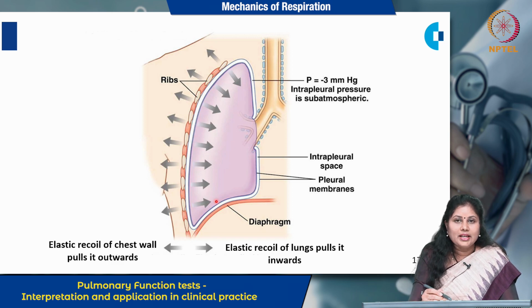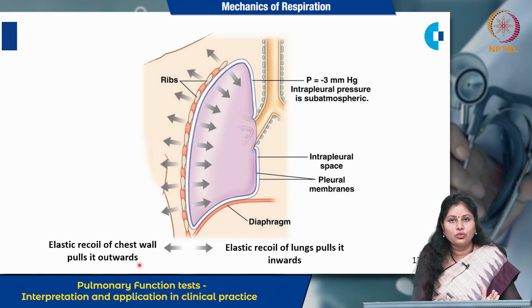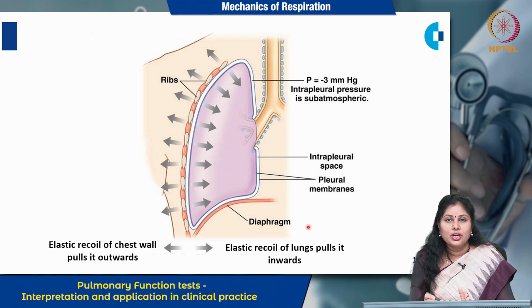So there occurs a point where the elastic recoil of the chest wall and the elastic recoil of the lungs balance each other. At that balancing point, there is no airflow into or out of the lungs. That is called the relaxation point.